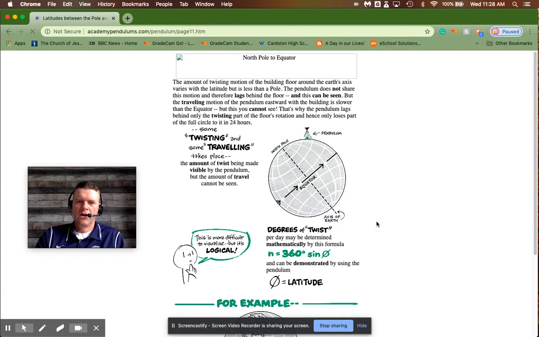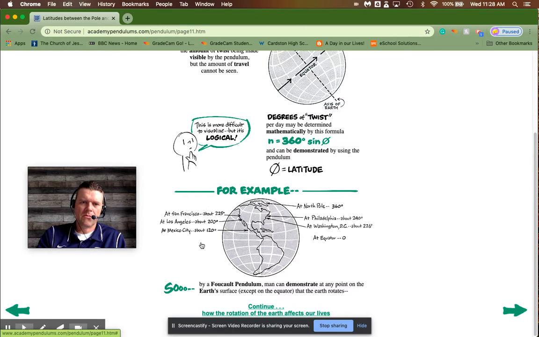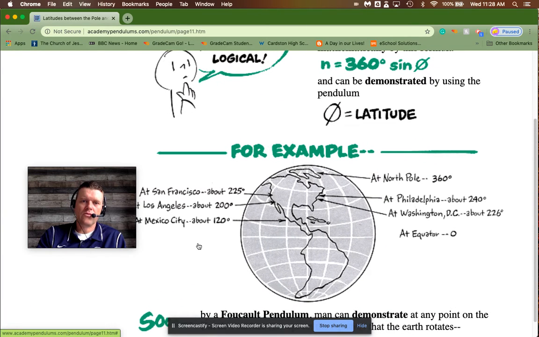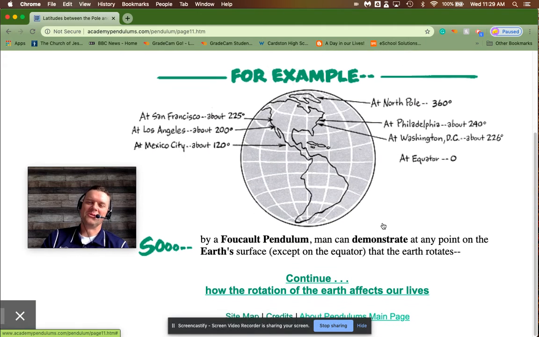So if you look at this, and Foucault was able to prove this, you get less and less spinning as you get closer to the equator. A pendulum at the equator will have no change in its swinging pattern. It'll move through no degrees of arc, but at the North Pole, it would swing through 360 degrees. So that is just cool.